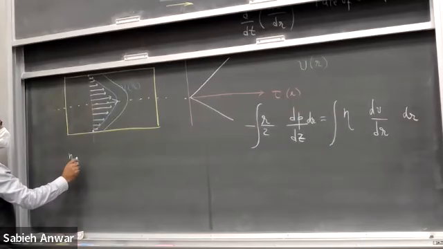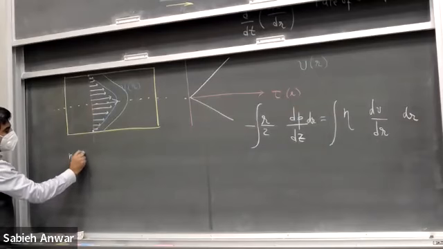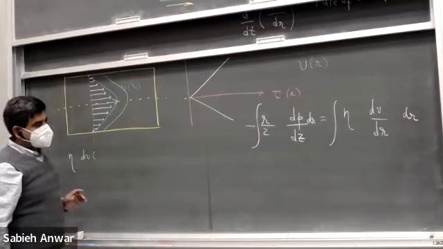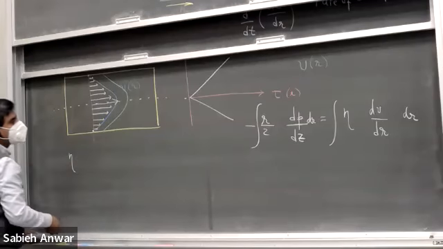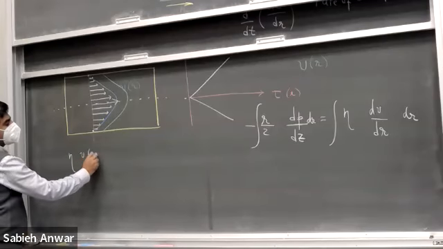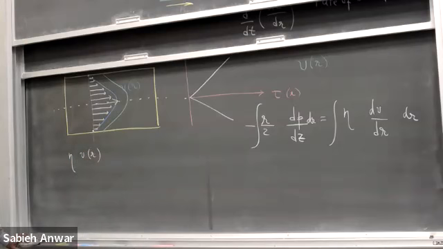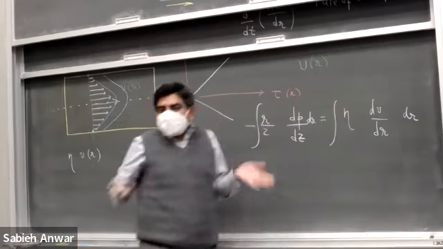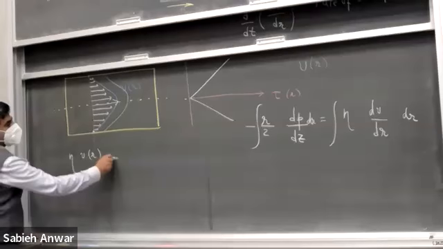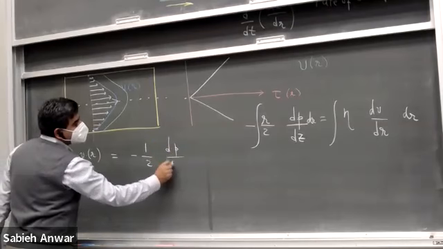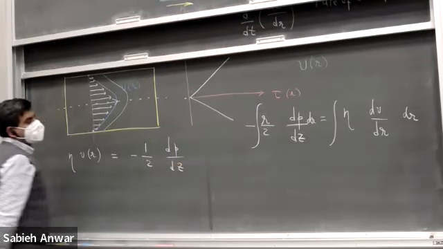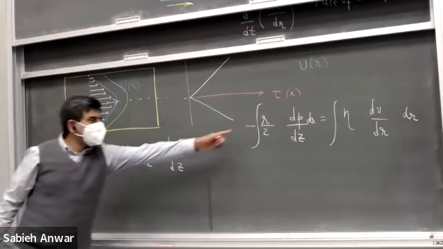Eta d v, so this will just become eta v(r), correct? Eta v(r), because this is going to be the integral of dv, which is just v, equals minus 1 over 2 dp by dz times the integral of r. This is just a constant. What is the integral of r?